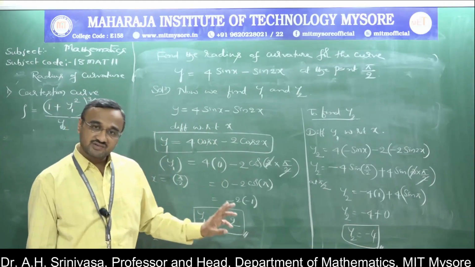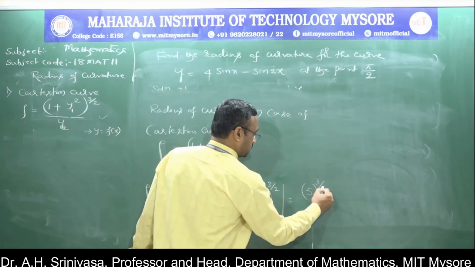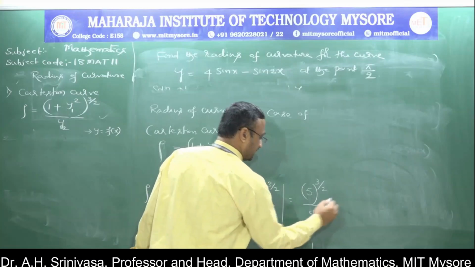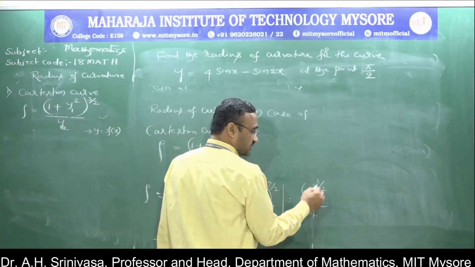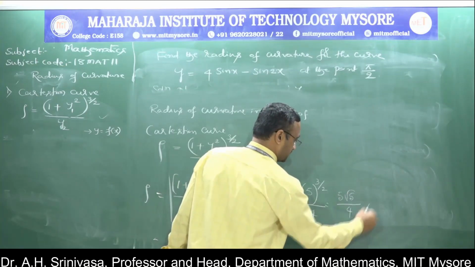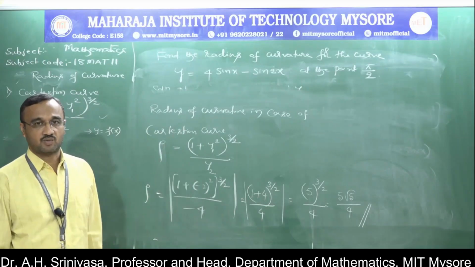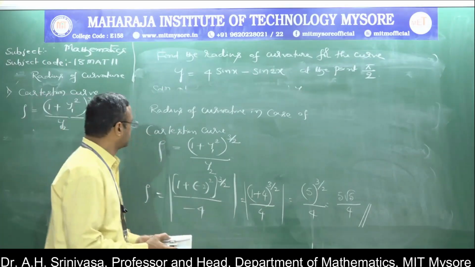In this problem, x is an independent variable. Power 3 by 2 over 4, or simply, taking the square root of this, 5 root 5 by 4 is the required solution of this particular problem.